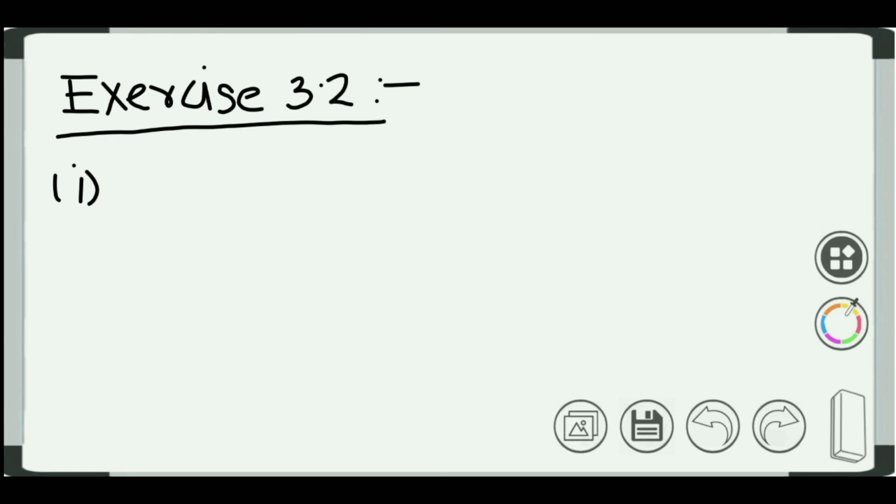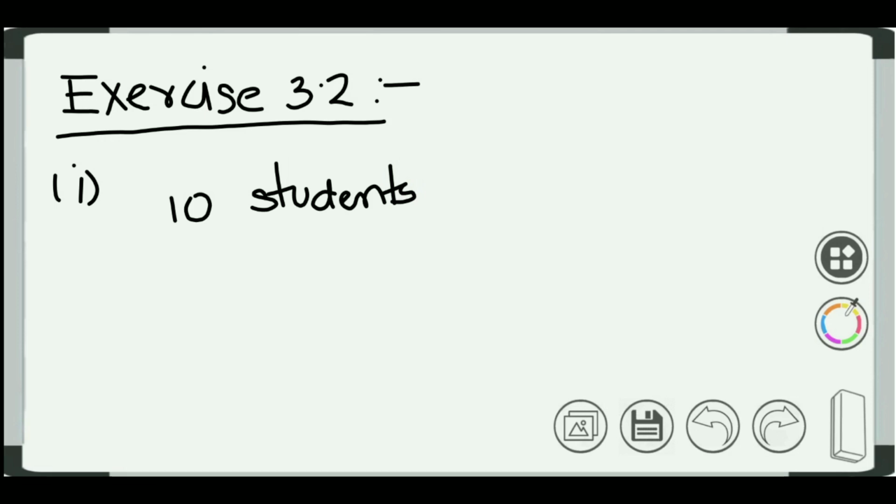10 students of class 10th took part in a mathematics quiz. If the number of girls is 4 more than the number of boys, find the number of boys and girls who took part in the quiz. So this is the question. So there were totally 10 students who took part in a mathematics quiz.